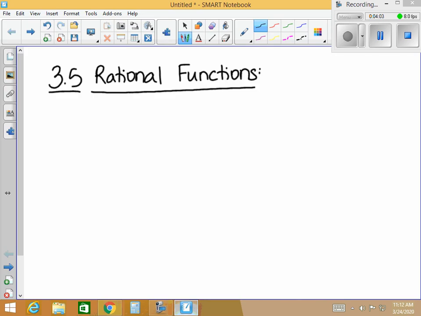Okay. So if I have a rational function, I'll say y equals p of x over q of x, some polynomial on top, some polynomial on the bottom.